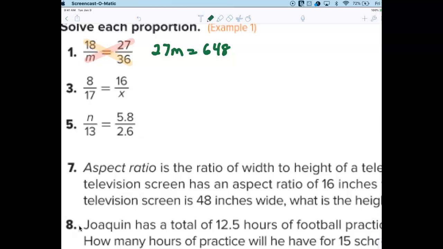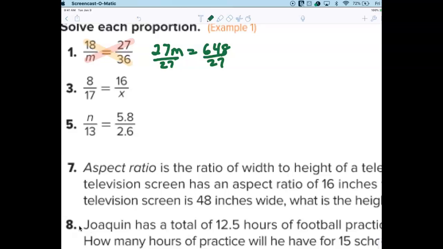Now, after you cross multiply, you then do what? Divide. But in this case, after you write that down, I want everybody to write down divided by 27, divided by 27. That's what I need you to do. Everybody's got to write that down. We're going to write it down 3 times so your brain knows what to do.